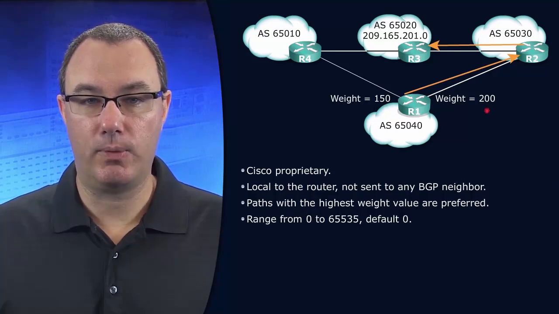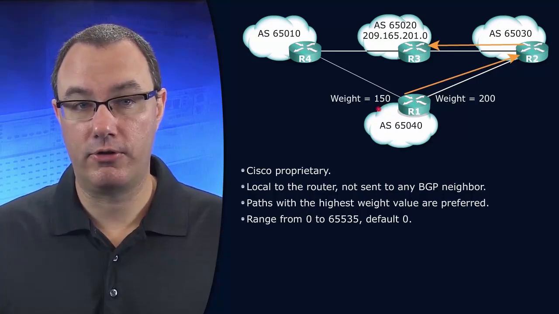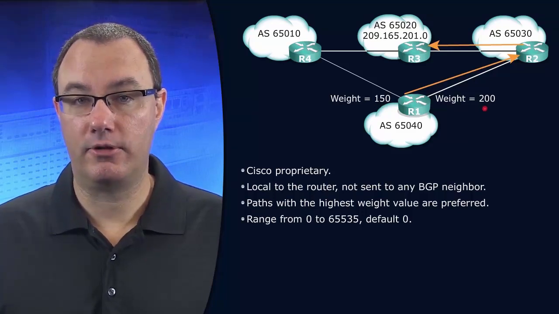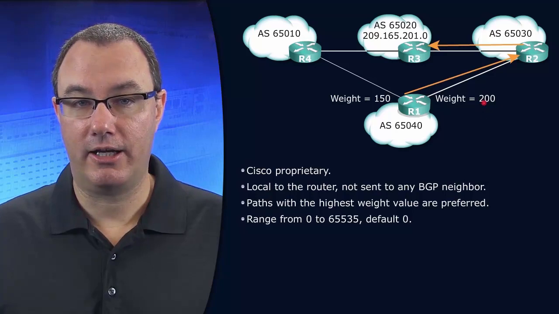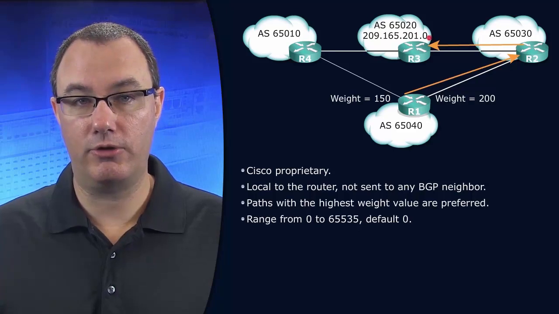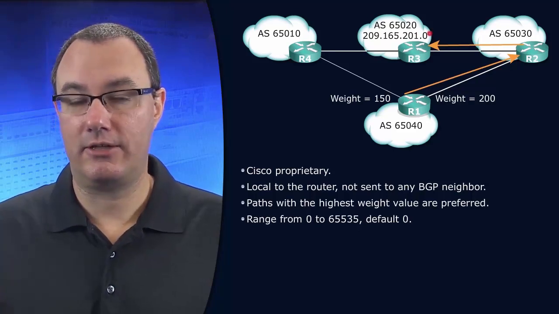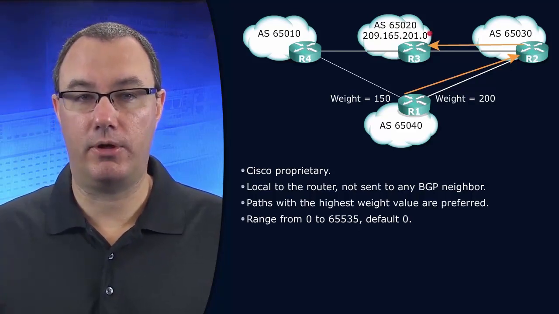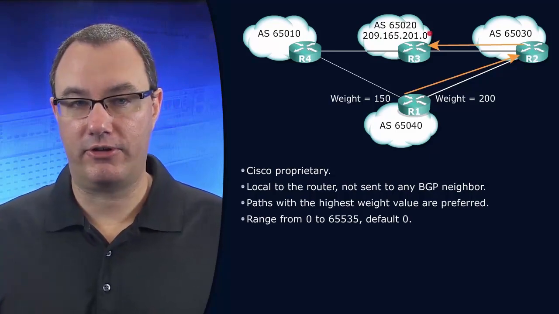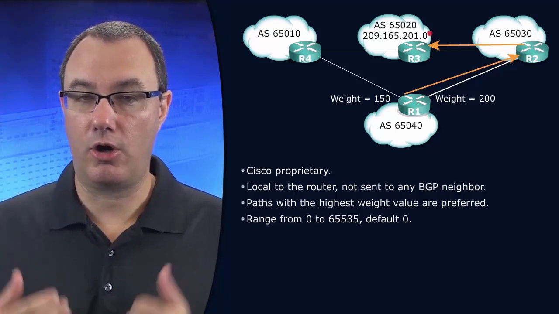And so if I see routes with a weight of 200 versus a weight of 150, the 200 wins. I'm going to choose that. And so the routes or the packets will leave my autonomous system when going to those destinations that have a weight of 200.